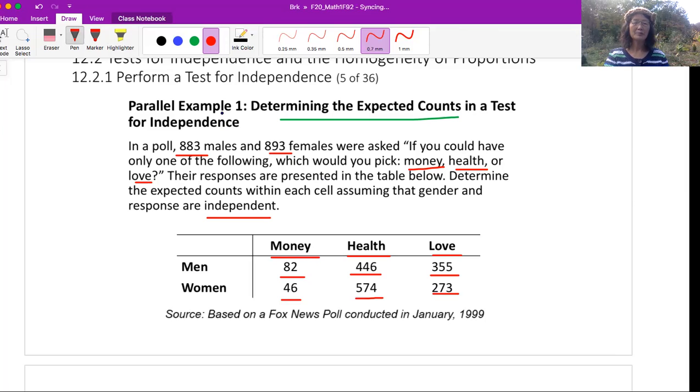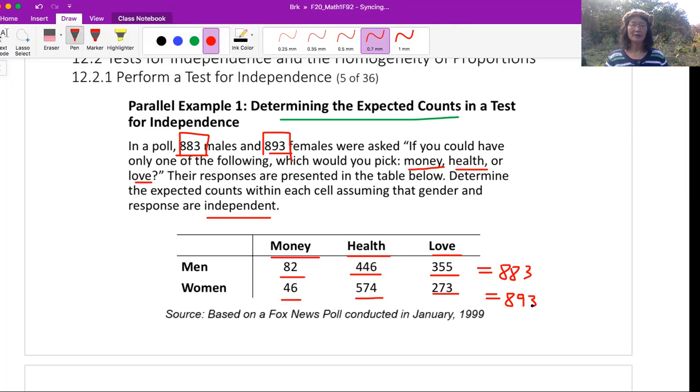How many total males? If you add all these together, you have 883 total males. And the total females, 893.